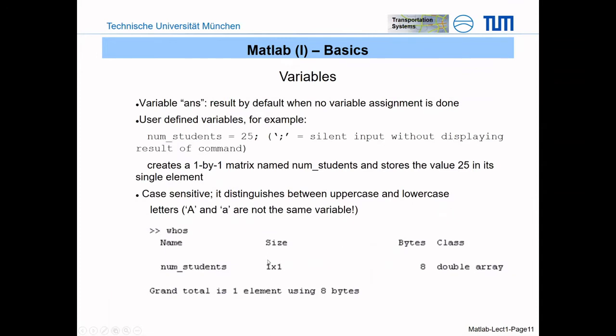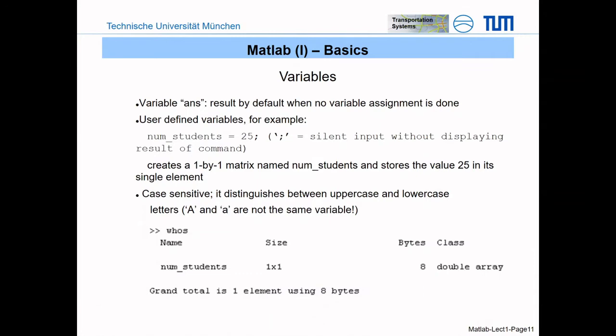So, variables are always matrices, also scalar variables, and therefore you create a matrix or a variable if you give it a name. Then you make an equal sign, so an assignment, and then you give a number or an array or a matrix. So here is one sample.